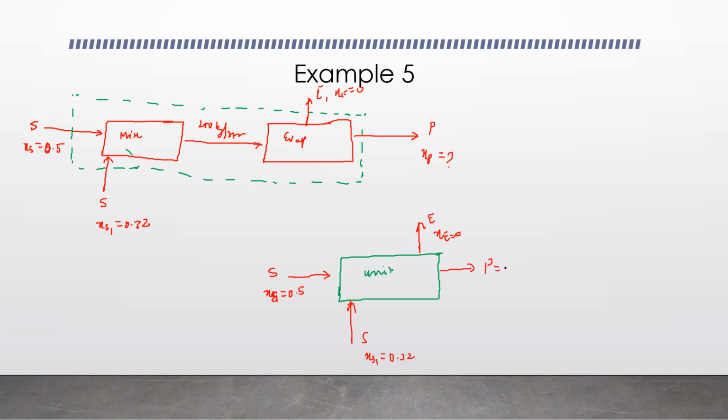And here I have no information. I don't have P, I don't have XP. So if you try to solve this system, it's going to be very difficult. So what we are going to do is we are going to use the mixing unit. I'll draw the block diagram for the mixing unit.